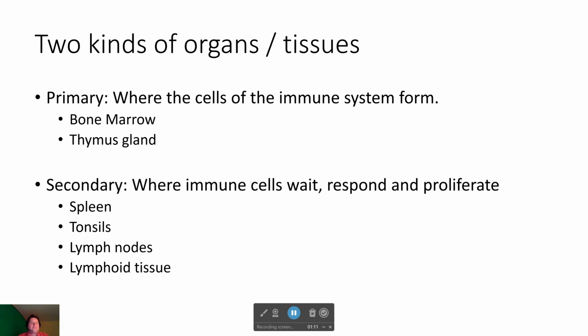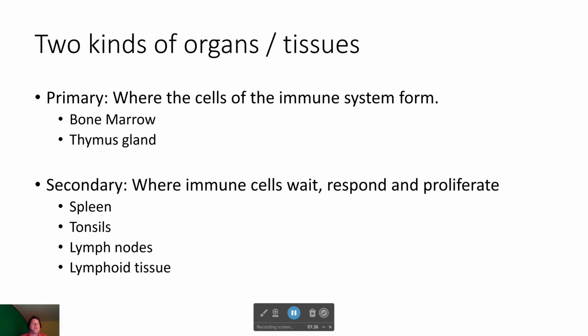But let's start here. There are two kinds of organs or tissues in the lymphatic system, primary and secondary. Primary are where the cells form, where the cells come from. Most of them form in the bone marrow. Pretty much all of them do, except T cells. T cells leave the bone marrow as pre-T cells.